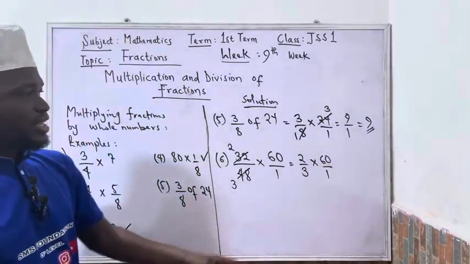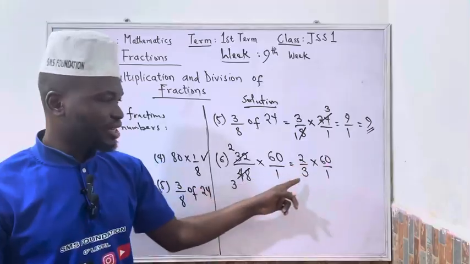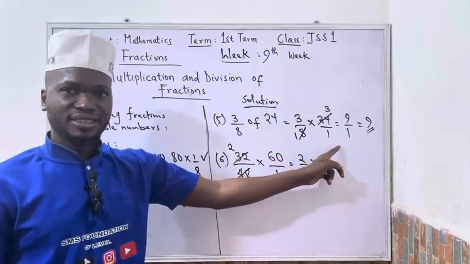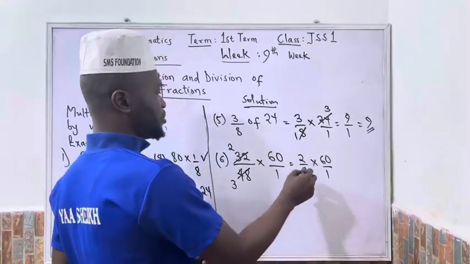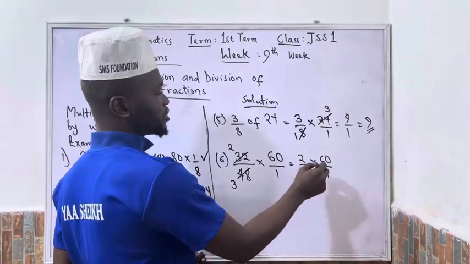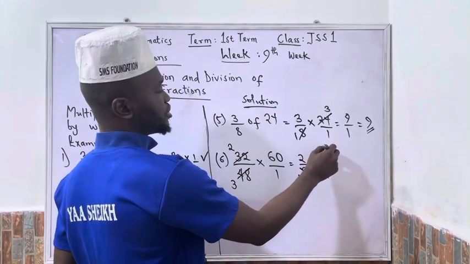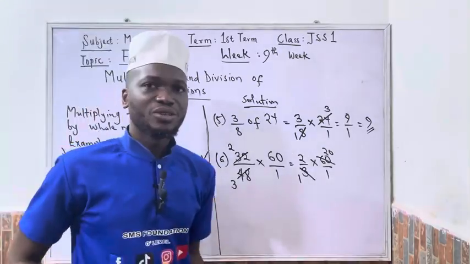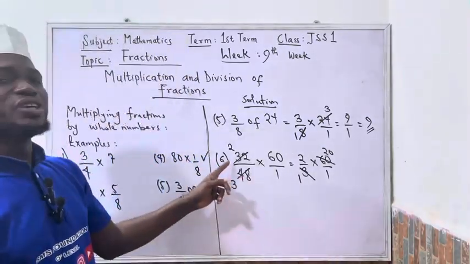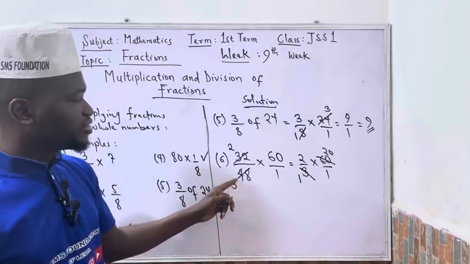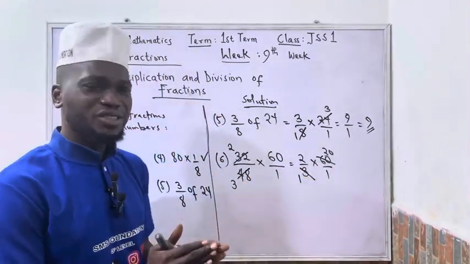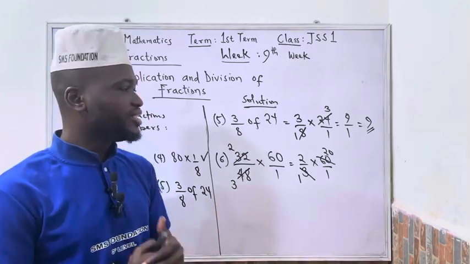Now, still along the diagonal, I can still see something that can divide 3 and 60. 3 can divide both. So 3 in 3 once, 3 in 60, that will just give me 20. So look at how the question is now looking simpler than what we had initially. Big numbers initially, but we have reduced it to something simple that we can easily handle.